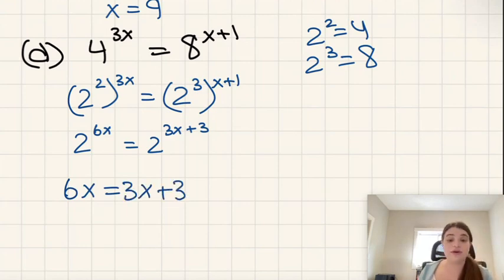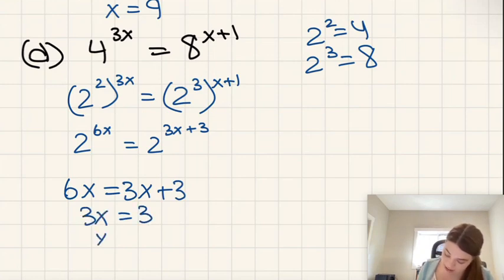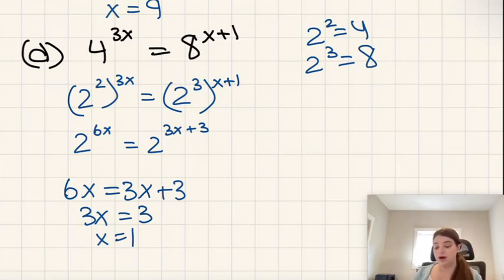If we subtract 3x from both sides, we get 3x is equal to 3, which means that x is equal to 1. And again, we can verify that by plugging 1 back in and saying, well, 4 to the power of 3 is 64, and then 8 squared is also 64. And so it makes sense that x is 1 would be our solution here.